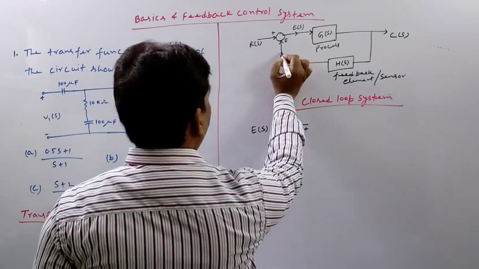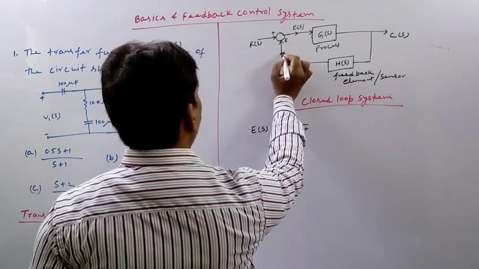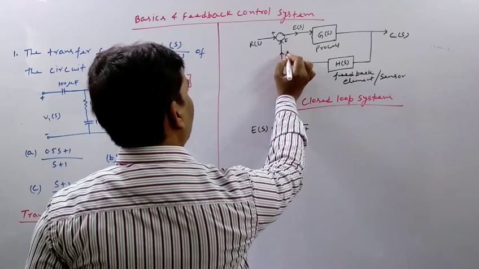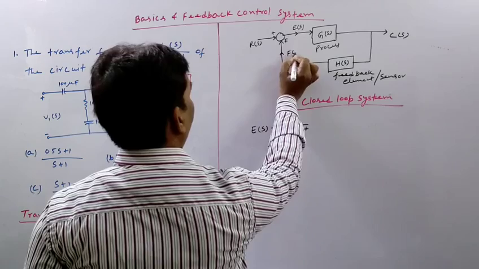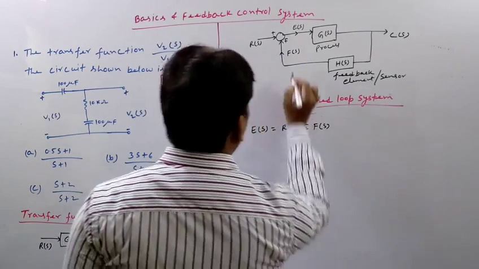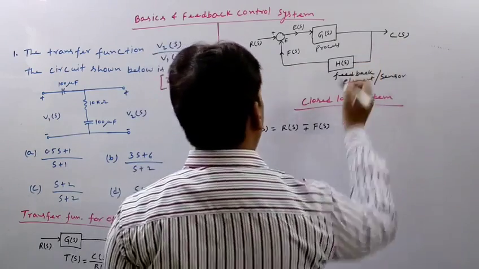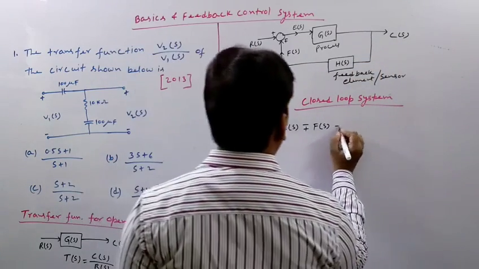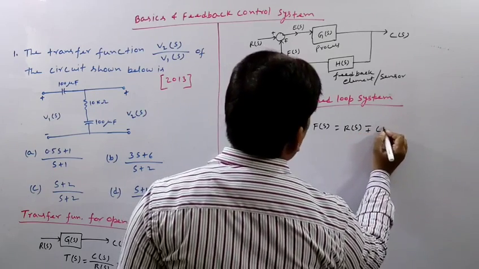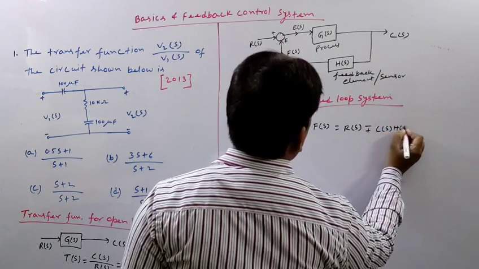Suppose this is a feedback quantity, and suppose this quantity is FS. And what is FS? FS is nothing but CS multiplied by HS. So we can write here RS minus plus CS multiplied by HS.